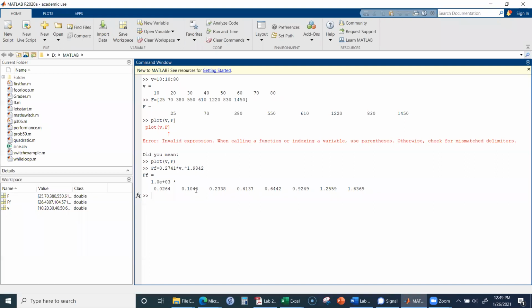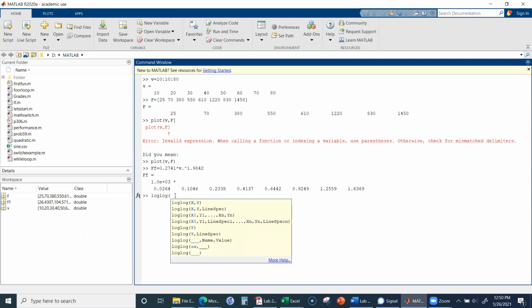So now we can plot the log plot. When we take plot, for example plot V versus F, it will plot velocity against the force. But when we want to plot on the logarithmic scale, we can use the log command for the plotting.